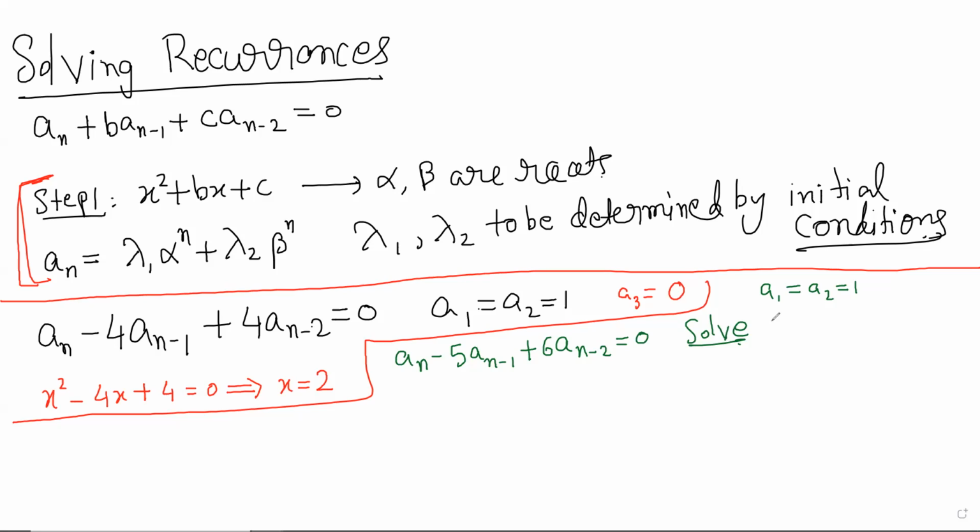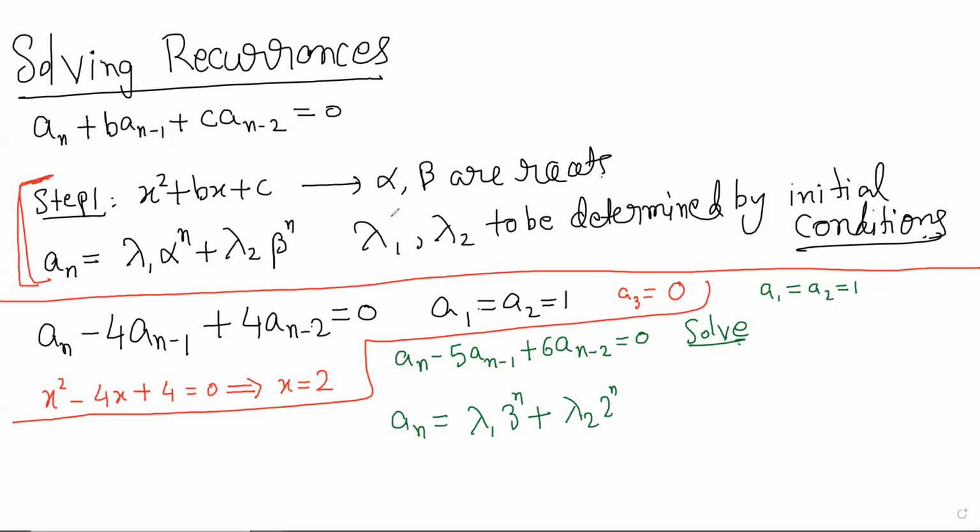Sir, a_n would be equal to lambda 1 times 3 to the power n plus lambda 2 times 2 to the power n. Yes, that's a good first step. Is everybody okay with this? These are the roots, right?